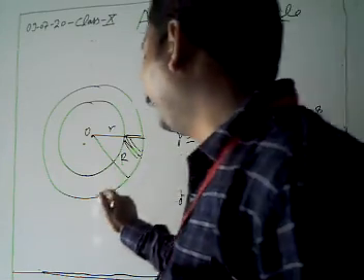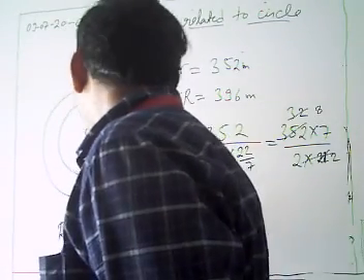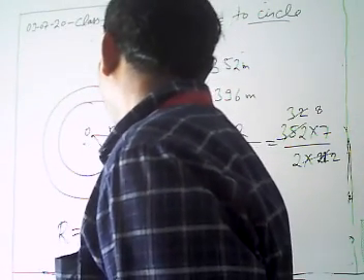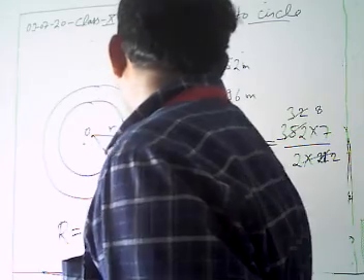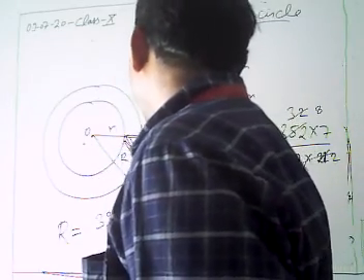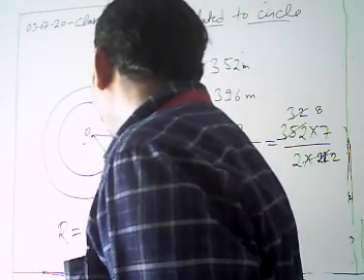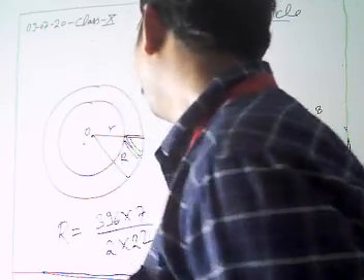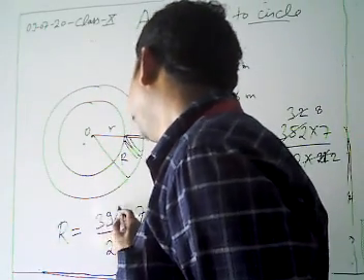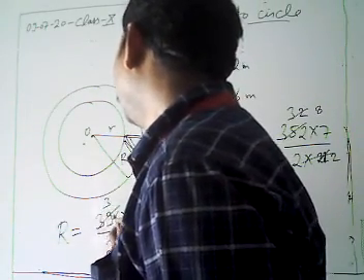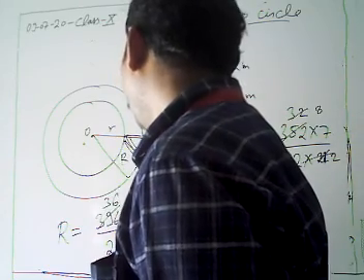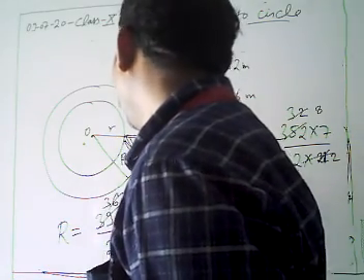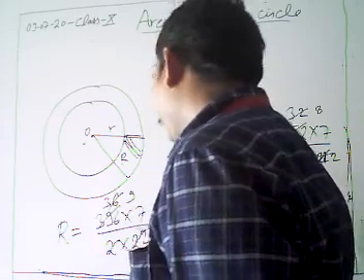In a similar way we can find the value of capital R. 396, in the same manner, times 7 upon 2 into 22. 11 times 36 is 396, then 2 into 4 is 8, 9 into 7 is 63.